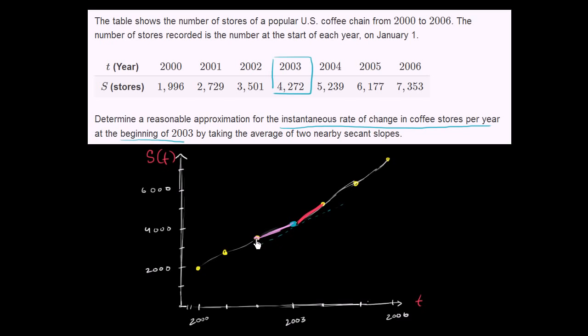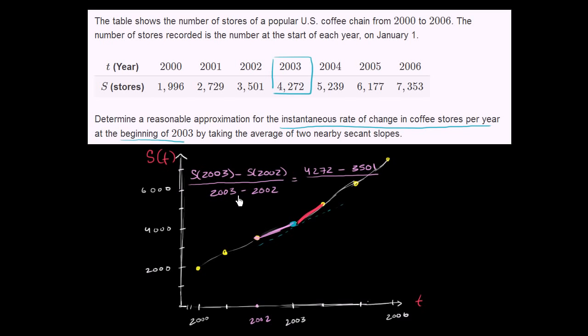So the slope of this pink secant line as we go from 2002 to 2003, that's going to be the number of stores in 2003 minus the number of stores in 2002. So that's the change in our number of stores over the change in years, or the change in time. So this is going to be 2003 minus 2002. And so what is this going to be equal to? In 2003, we have 4,272 stores. In 2002, we have 3,501.